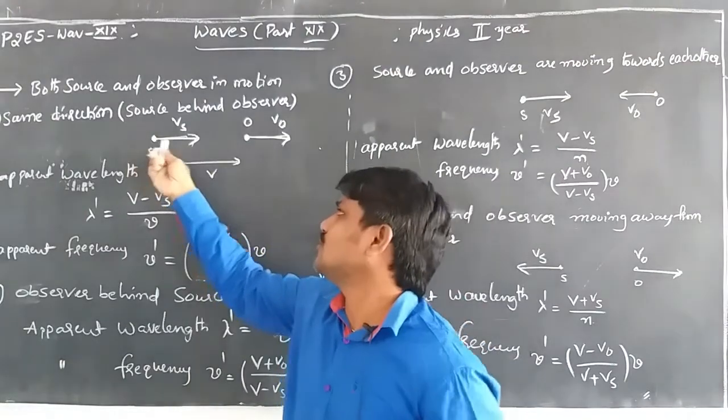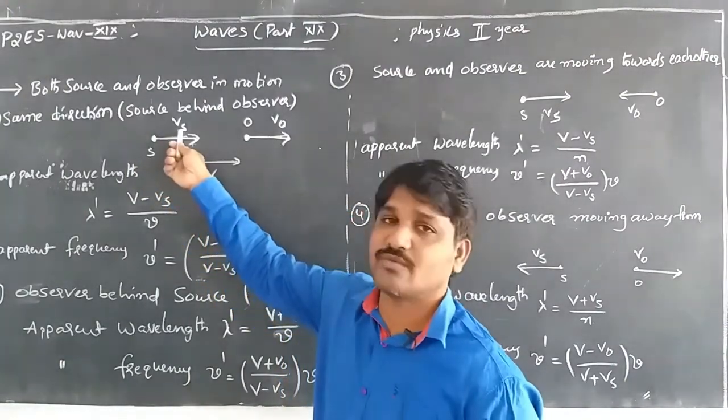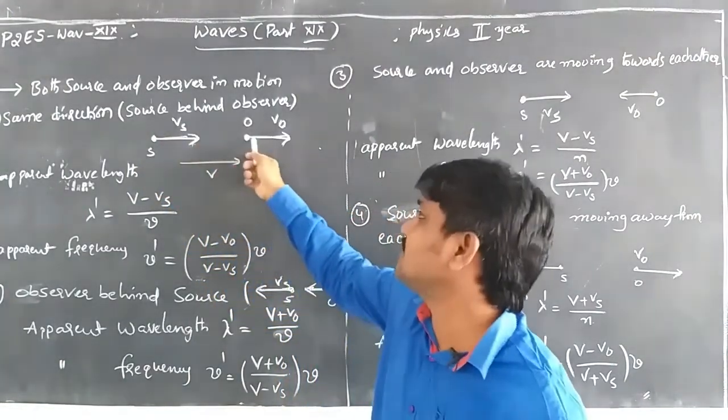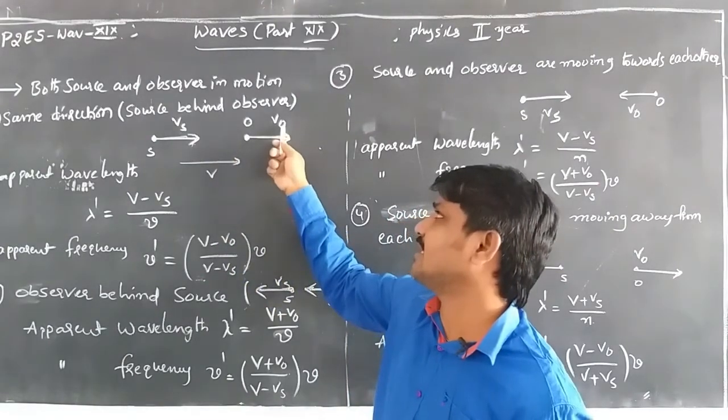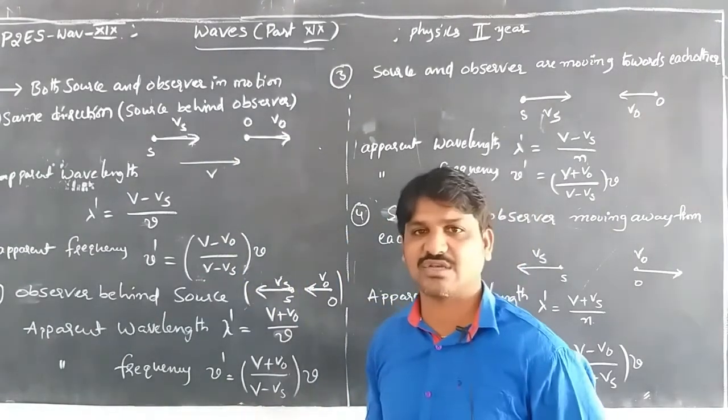Because the source is moving, we have the source velocity Vs, and the observer is also moving in this direction, so we take V0 as the observer's velocity.